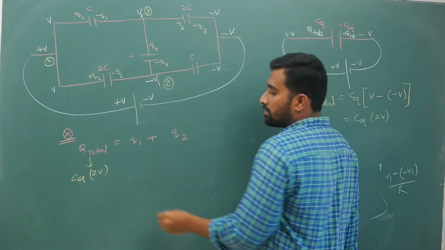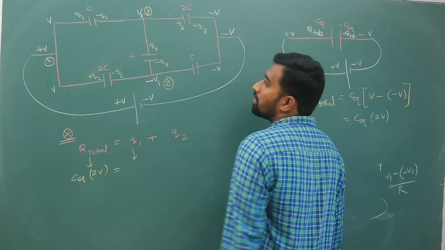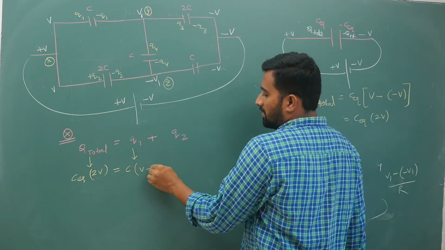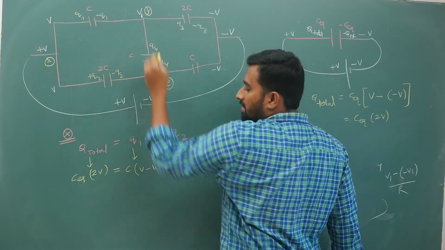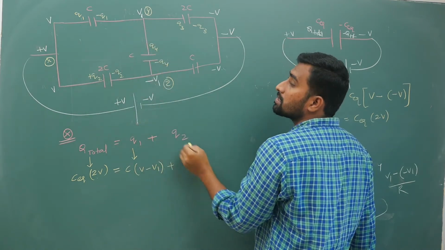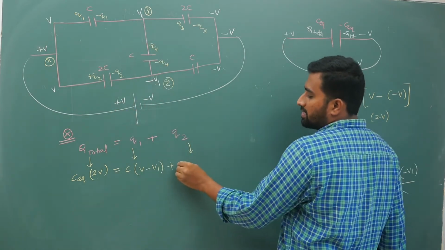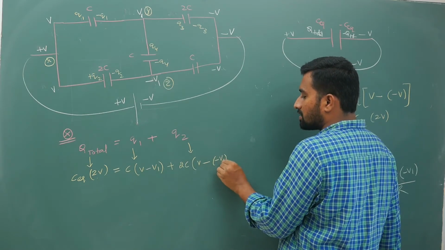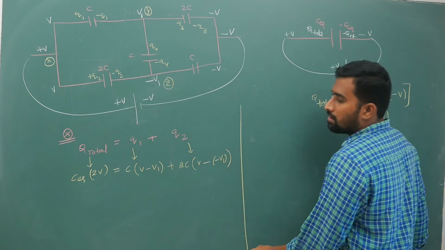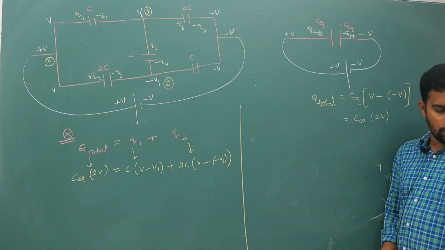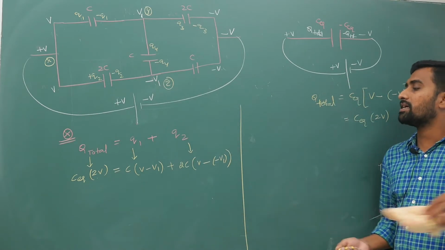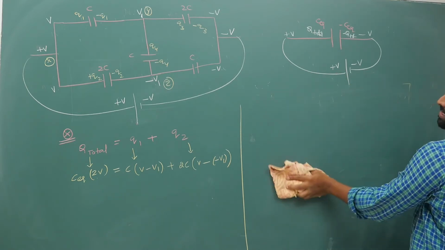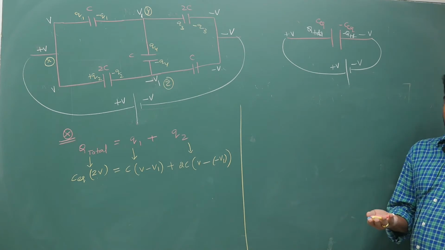So C equivalent into 2V is equal to Q1, which is C times V minus V1, plus Q2, which is 2C times V minus of minus V1. That is your first node; at node X your total charge is splitting like that. Next, I need space, so I'll erase this part as well.